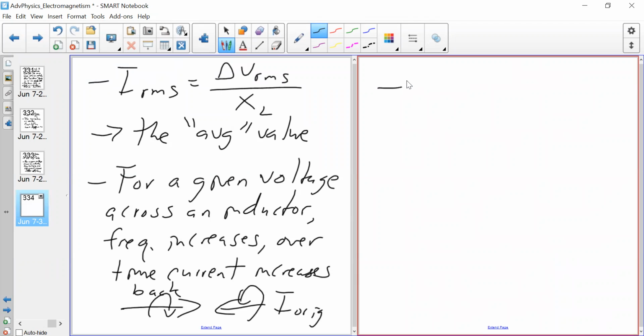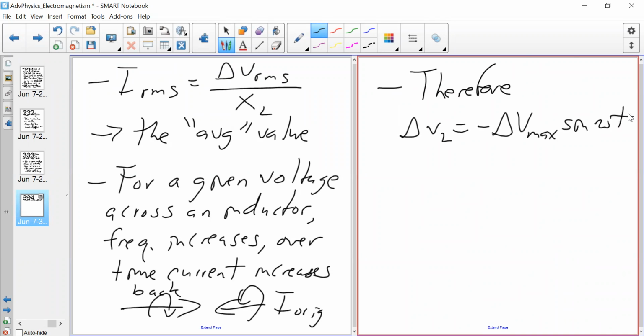So next thing. From the previous equation, therefore, delta VL equals negative delta V max sine omega t.